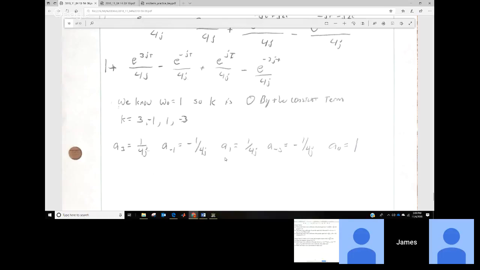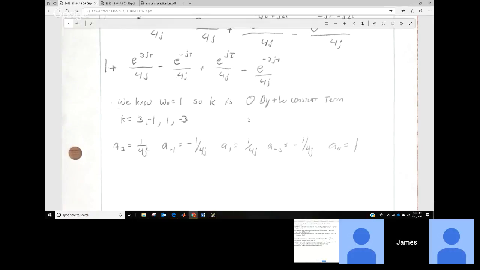Our A1 coefficient, our k equals 1 term, is 1 divided by 4j. And our k equals -3 term is -1 divided by 4j. And of course, our 0 term is this DC, this constant out here for 1.